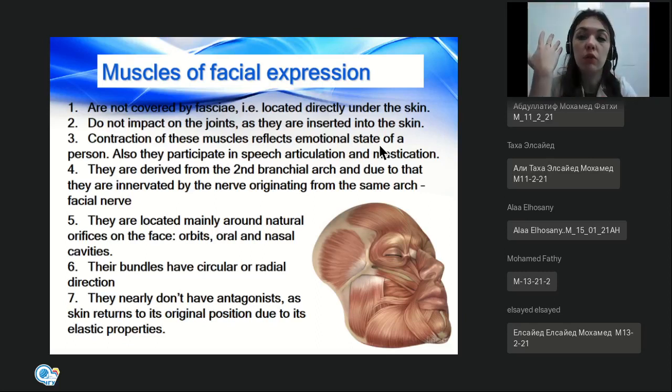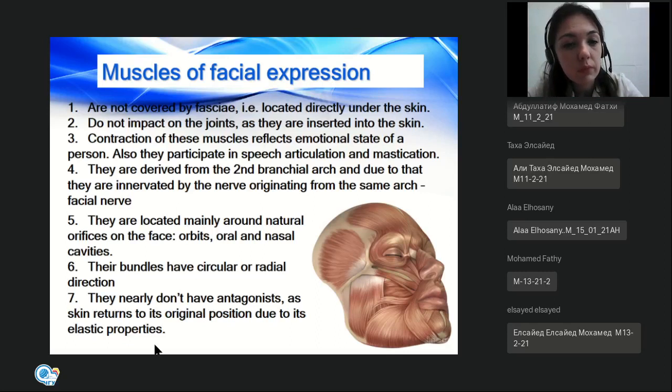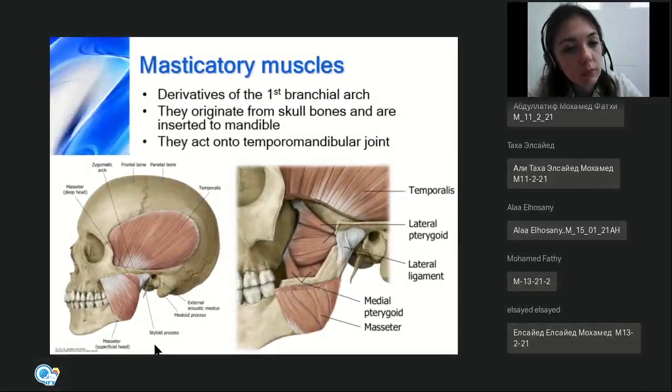And on the posterior surface, in the posterior group of the forearm muscles, there are extensor muscles. So extensors are antagonists to flexors. Okay, no, it was about muscles of facial expression.